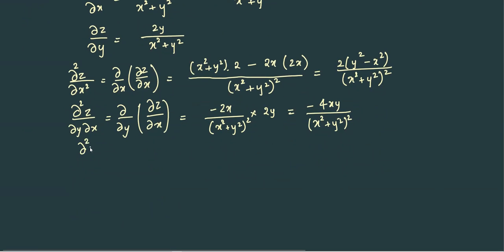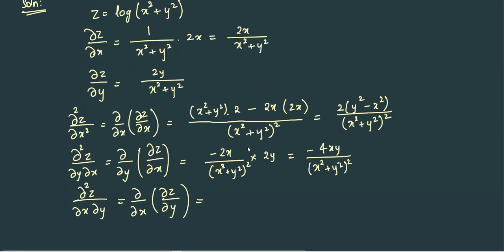Next, ∂²z by ∂x ∂y. So this is ∂/∂x of ∂z/∂y. So let's look at ∂z/∂y. Differentiating with respect to x partially, so treating y as constant.